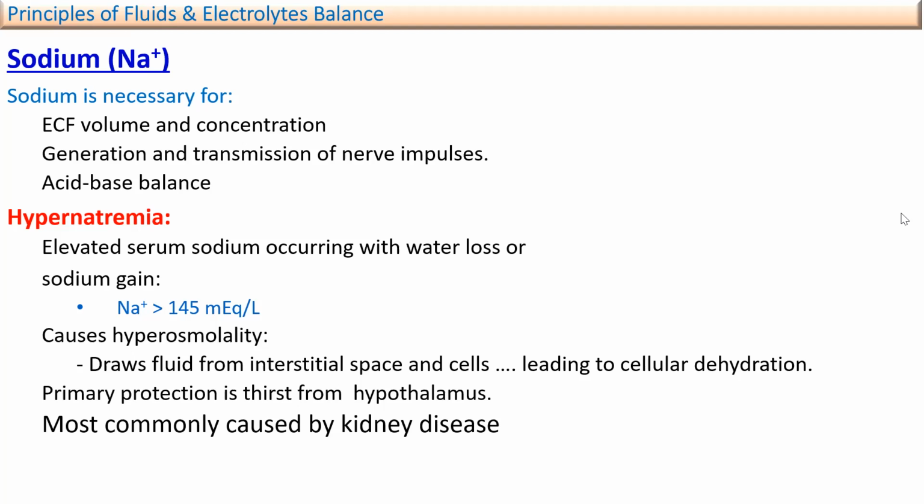The primary protection is the signal activated by the hypothalamus, because there are sensors that result in us feeling thirst, and that will prompt us to drink fluid to correct this hypernatremia.